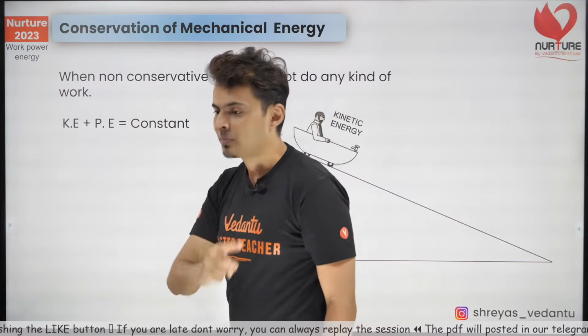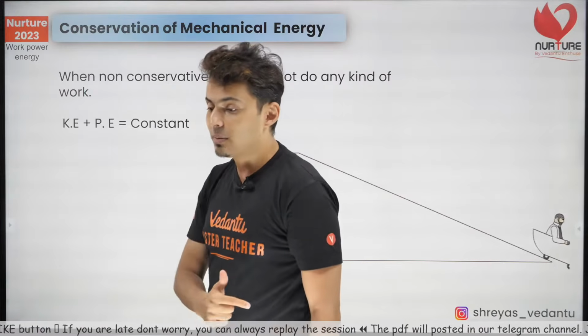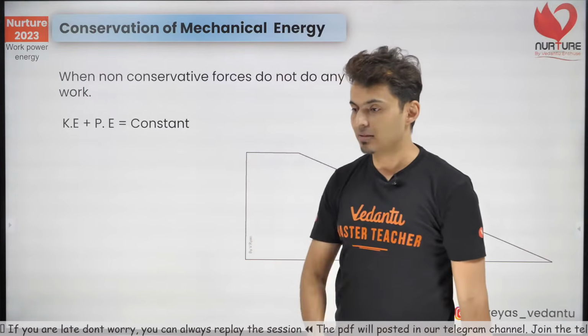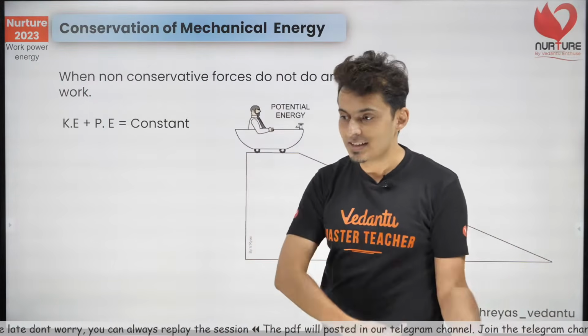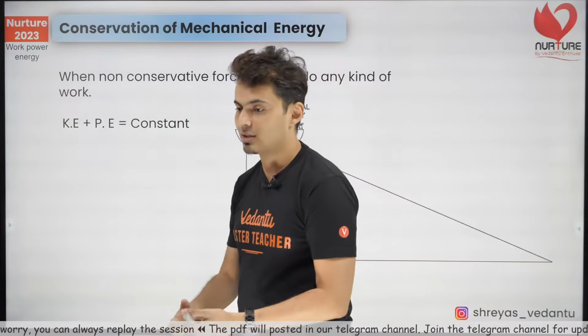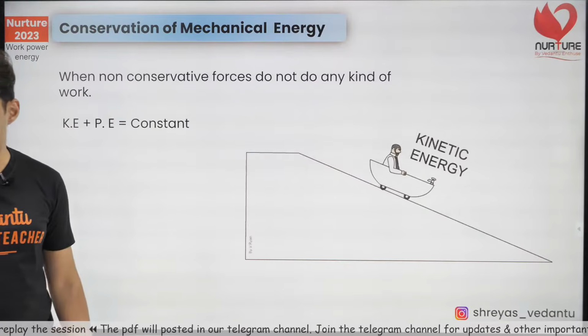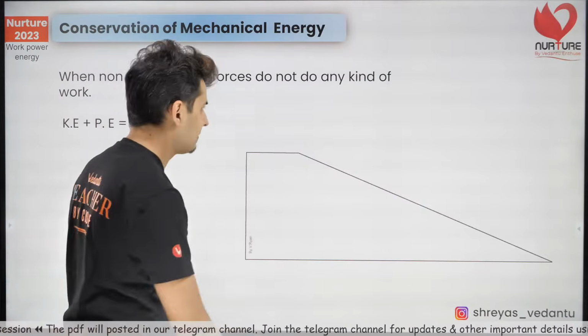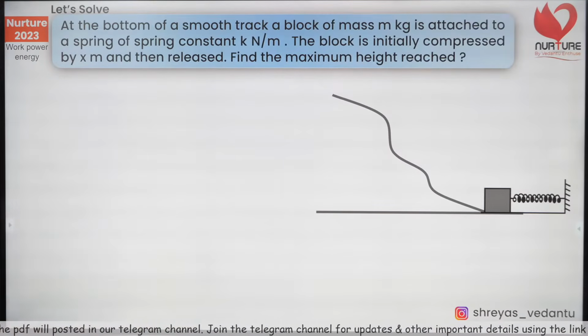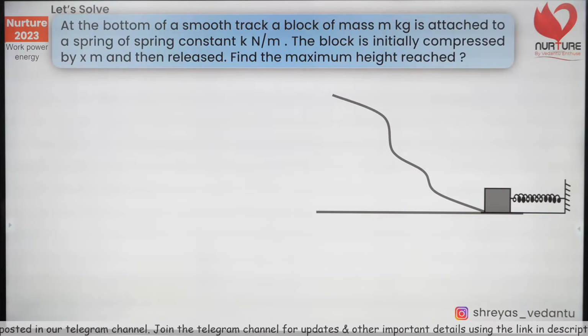That's what it is. Conservative does not mean constant. Conserved means constant. Conservative is an adjective given to a force. I hope that is clear. In which type of forces does gravity come? It's conservative. Okay, let's start doing some questions based on conservation of energy.